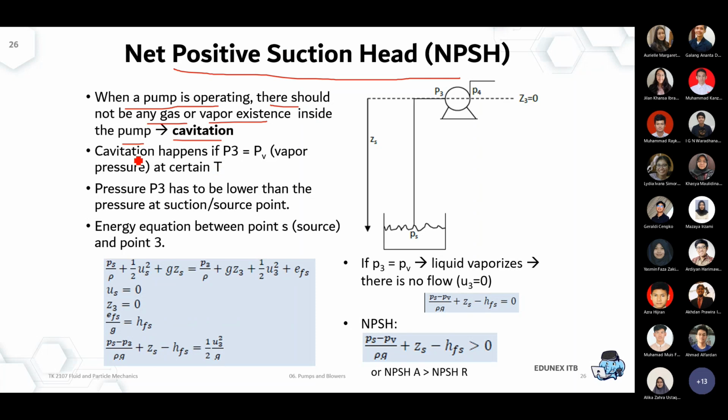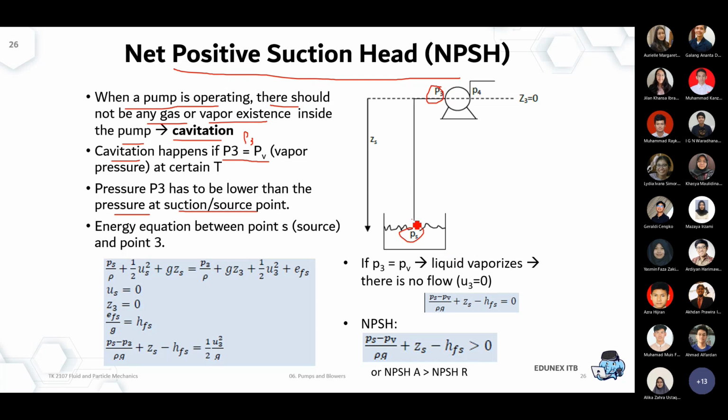So the principle here is to make sure that your P3, when P3 is exactly the same as PV, that's when vaporization starts to happen. Your P3 has to be lower than the pressure at the suction or source point. Which one is higher, P3 or PS?